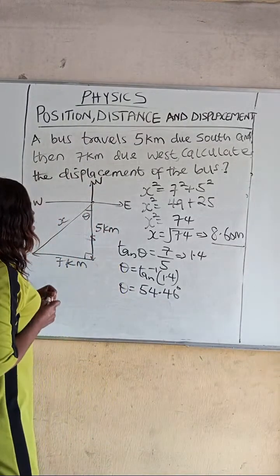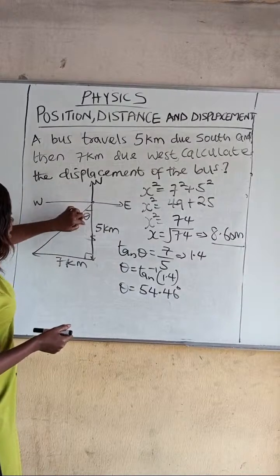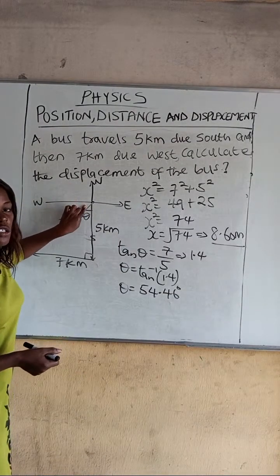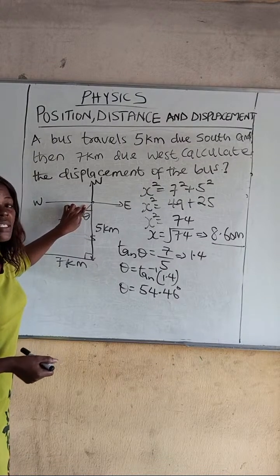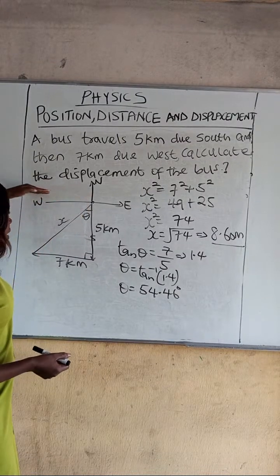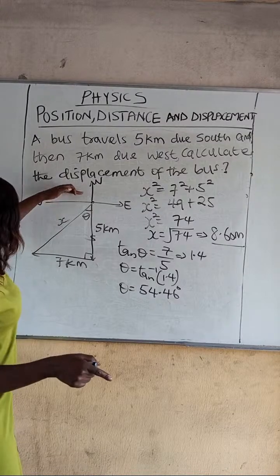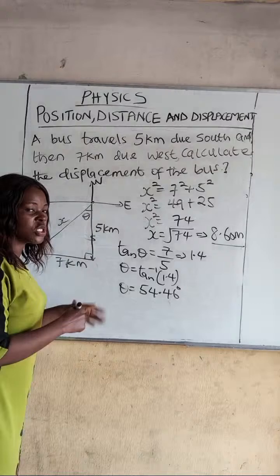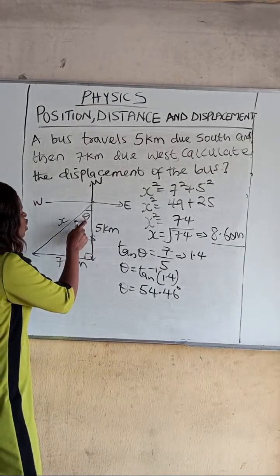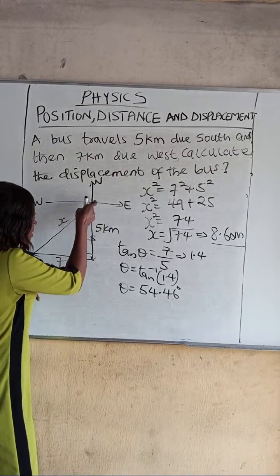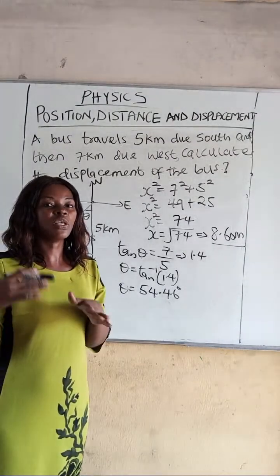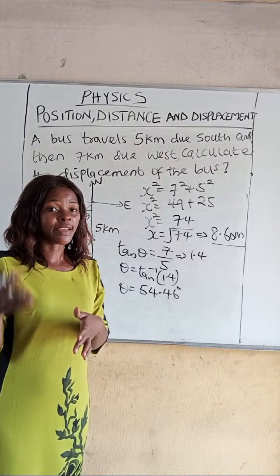I said that peradventure this my angle happens to be here. After getting theta, it's not my true direction, because the angle is touching the horizontal, and we can't take any angle touching the horizontal. We need this one touching what? The vertical. But in this question now, my angle is now touching what? The vertical. So I don't need to subtract, because truly the angle is already in the right direction.